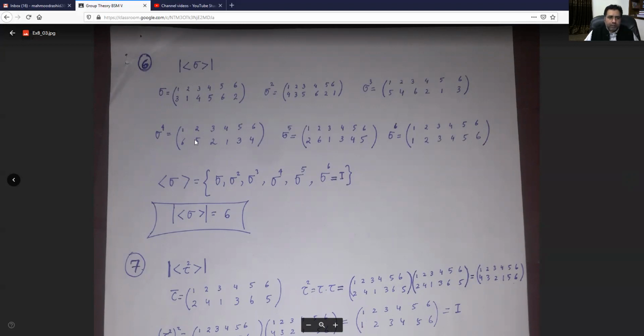Then you compute sigma 4, either by multiplying sigma by sigma cube, or you can multiply sigma square with sigma square. You will get sigma 4. Similarly, you compute sigma 5, and then you compute sigma 6. In sigma 6, what you see, this is the identity permutation. So we stop our multiplication here because after this, you will get repetition in these elements.